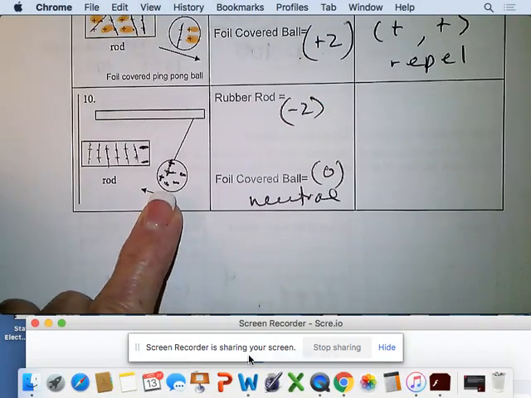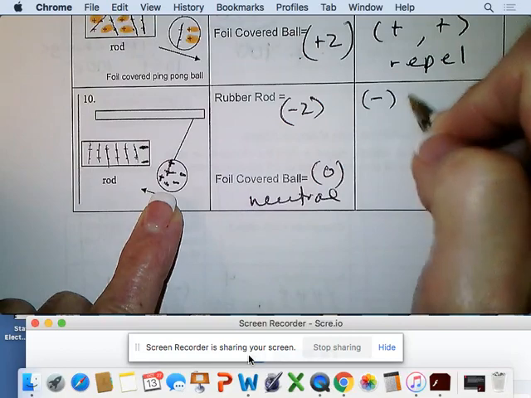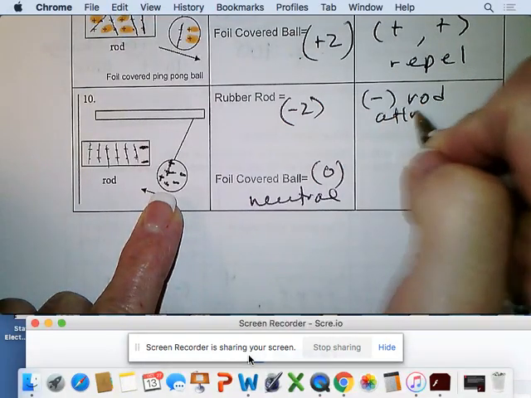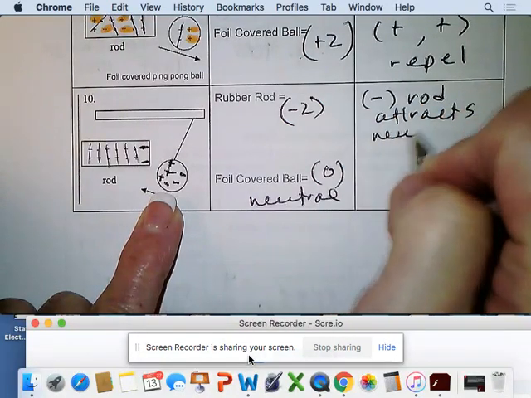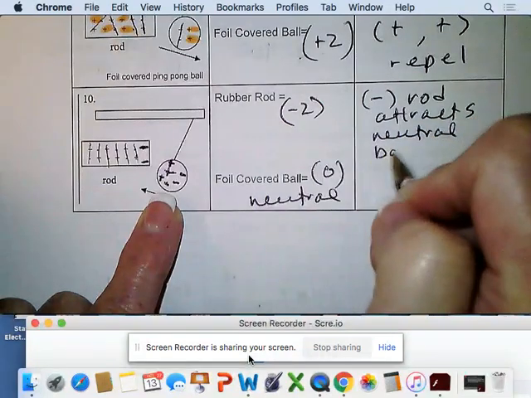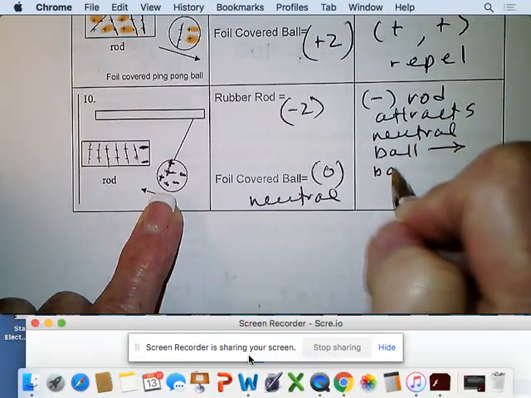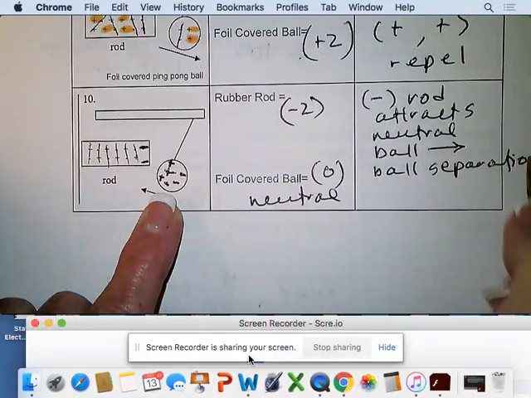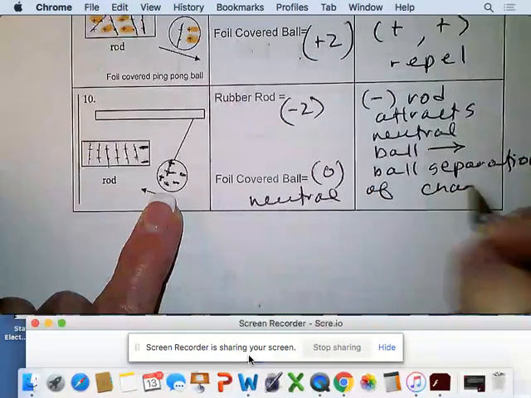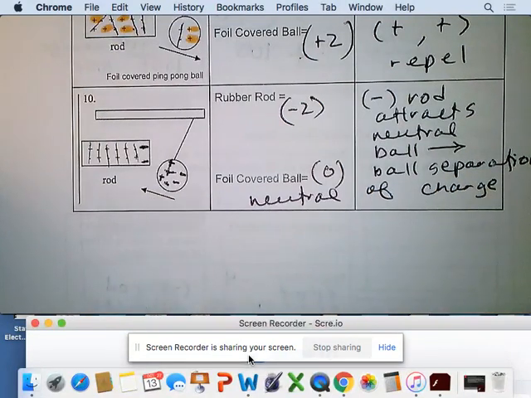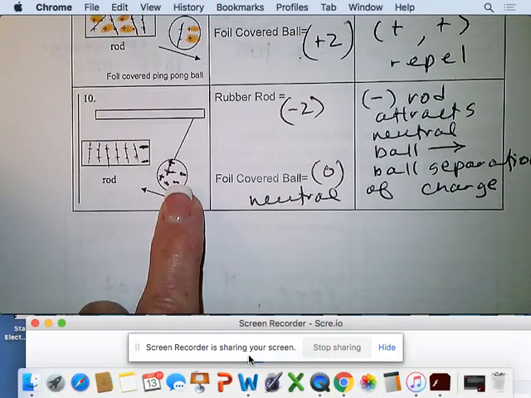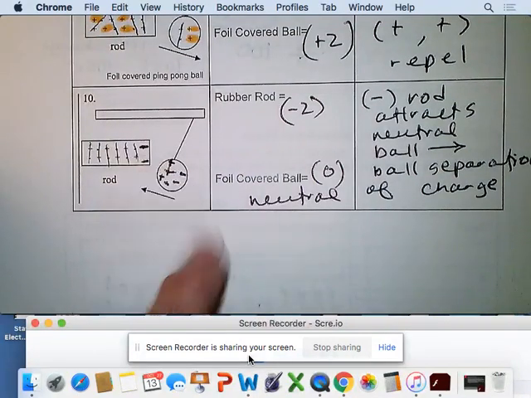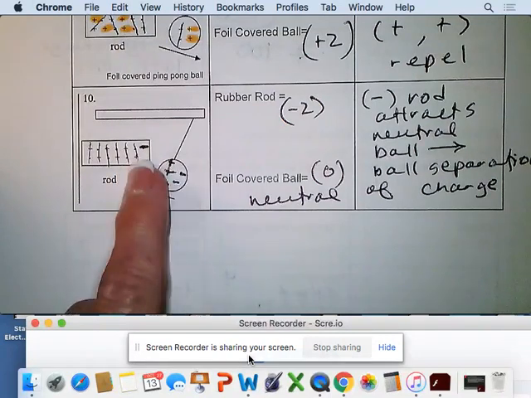So what's happening is a negative rod attracts a neutral ball, but the ball experiences, and you're going to see this tomorrow, a separation of charge. So literally all the negatives are pushed to one side. They're normally orbiting around the nucleus, but they are pushed to the other side because those like charges will be repelled. The positives will be pulled towards the rod.